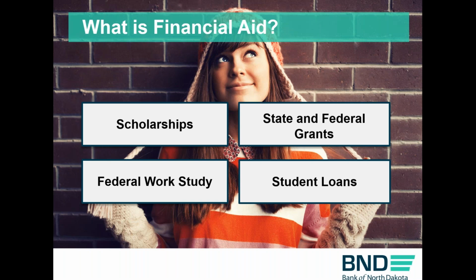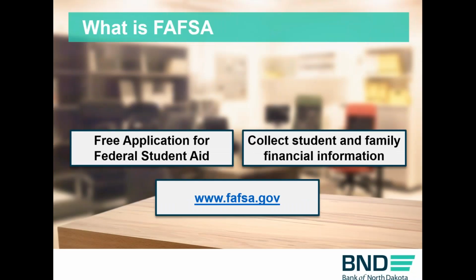And the way to get financial aid is by filing the FAFSA. The FAFSA is the Free Application for Federal Student Aid, and it is the form that collects family and student financial information. The website that you can do that at is fafsa.gov or studentaid.gov.